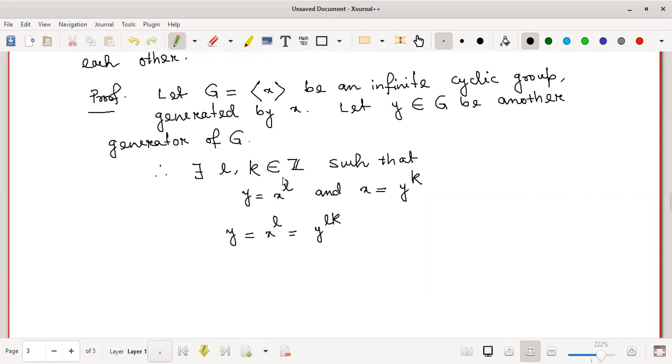So from here, what can I say? This implies the order of y is finite. Okay, is it possible?